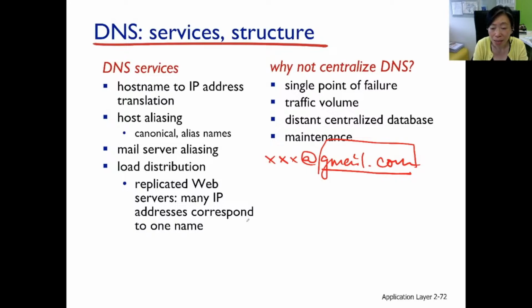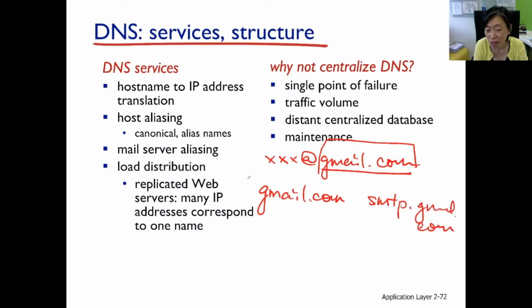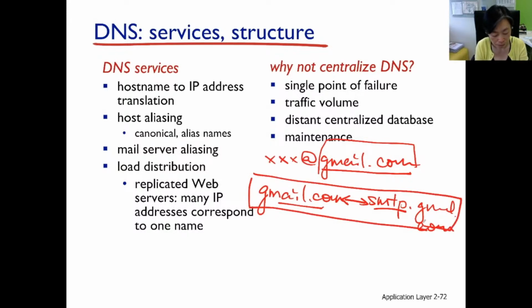So in DNS there are also entries saying that for this domain, gmail.com, all the emails destined to this domain should be sent to this machine, smtp.gmail.com. We talked about this when we were telnetting to an email server to demonstrate the message exchange. smtp.gmail.com is the actual mail server for gmail.com. So there is also this entry in DNS service, and this is called the mail server aliasing service.